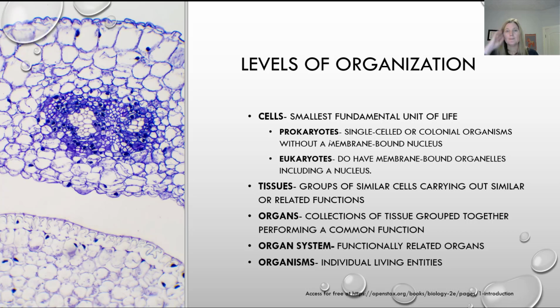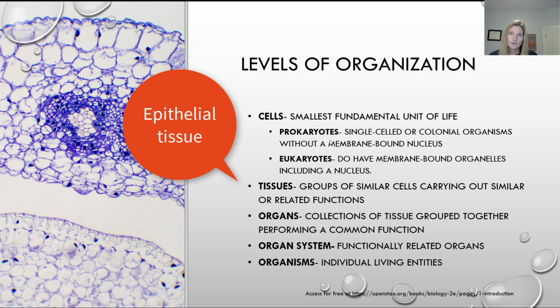If we put multiple cells together that are similar in structure and function, they form a tissue. So groups of similar cells carrying out similar or related functions. So for example, in our human body, we have epithelial tissue, okay?